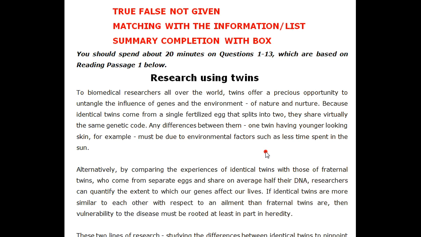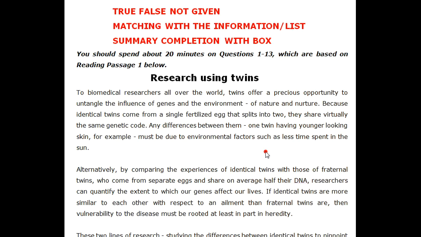Now you have already done true, false, not given and summary completion with box. Perhaps you haven't done. So in this particular video I'll talk about one question, and in the next two videos I'll talk about the other two types of questions.